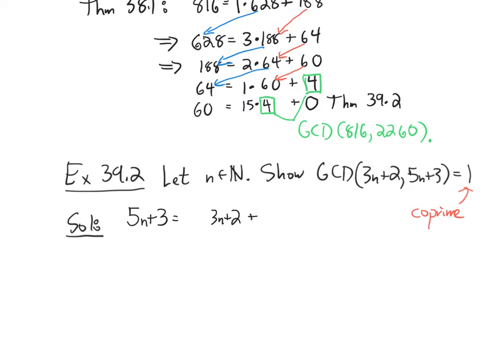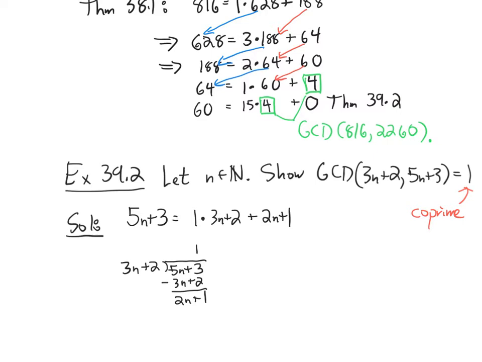So let's do some long division to figure this out. 3n plus 2 into 5n plus 3. 3n plus 2 goes into 5n plus 3 once. So we'll subtract 3n plus 2, and we're left with 2n plus 1. So it's one copy of 3n plus 2 plus a remainder of 2n plus 1.